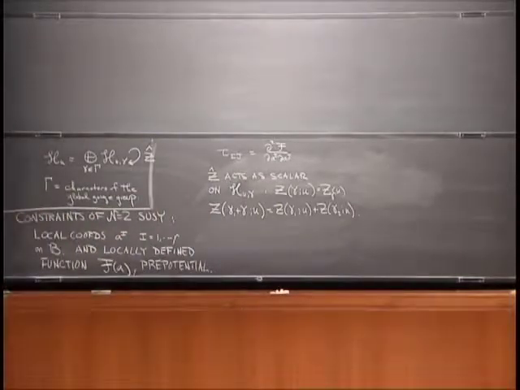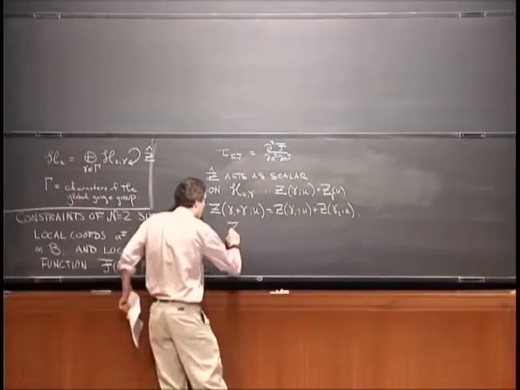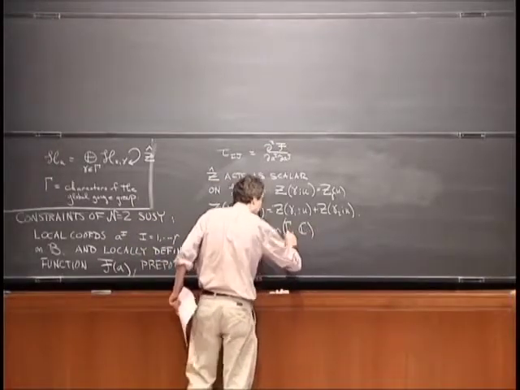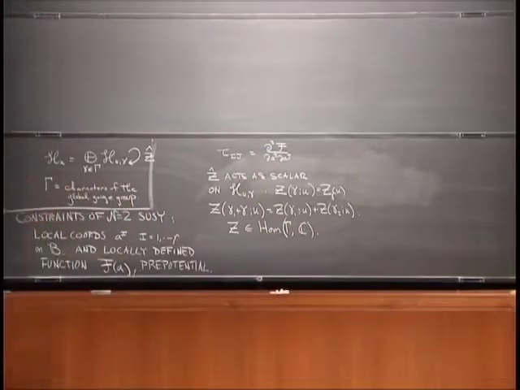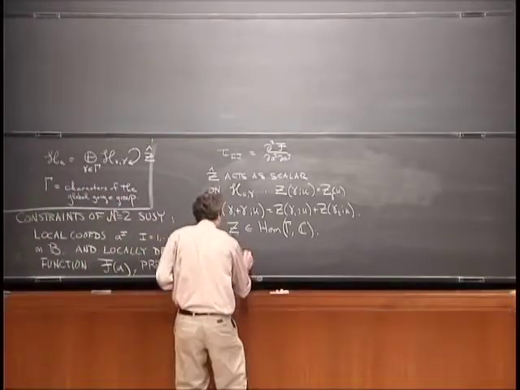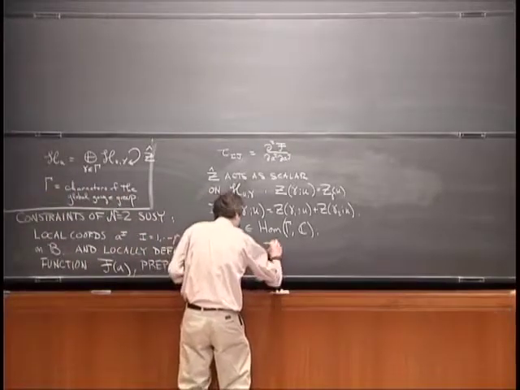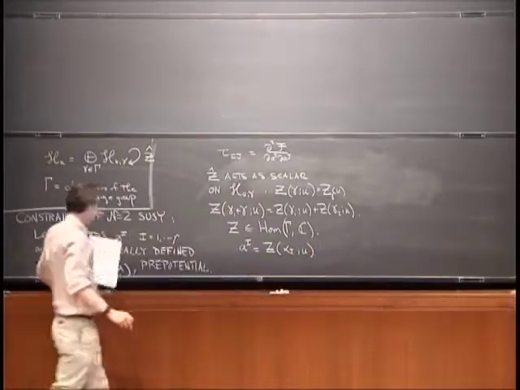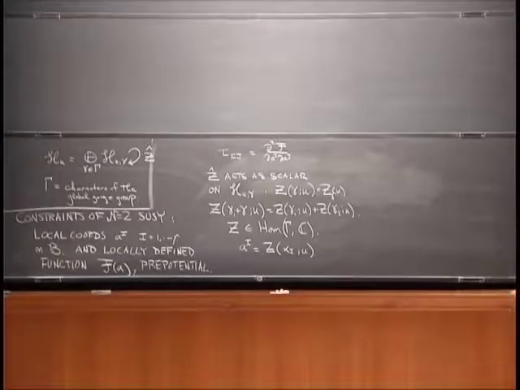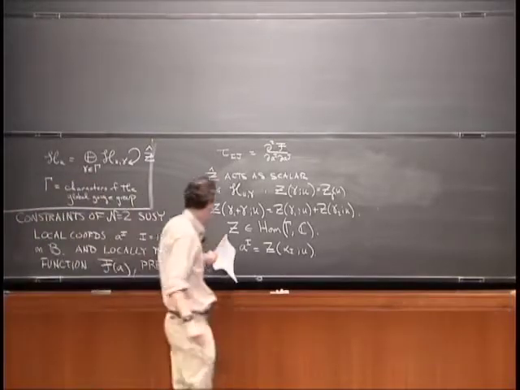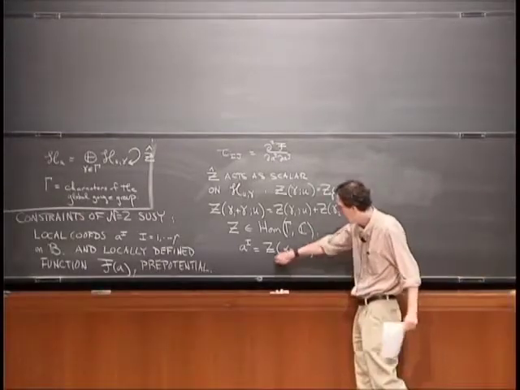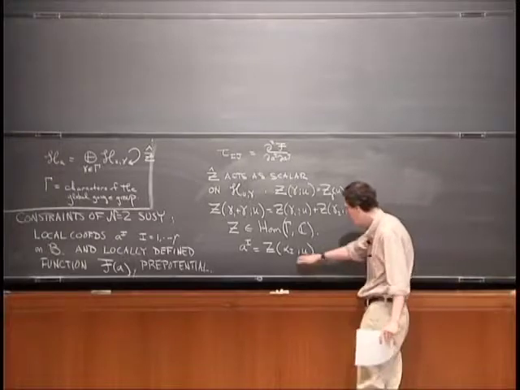Now, mathematically, you might write Z is in Hom of Gamma to C. But Z is not an arbitrary linear transformation to C. If we write a^I equals Z of alpha_I, u, then these are the same a^I I was referring to before. So we can get a set of local coordinates by choosing a duality basis and acting with Z on the alpha vectors.